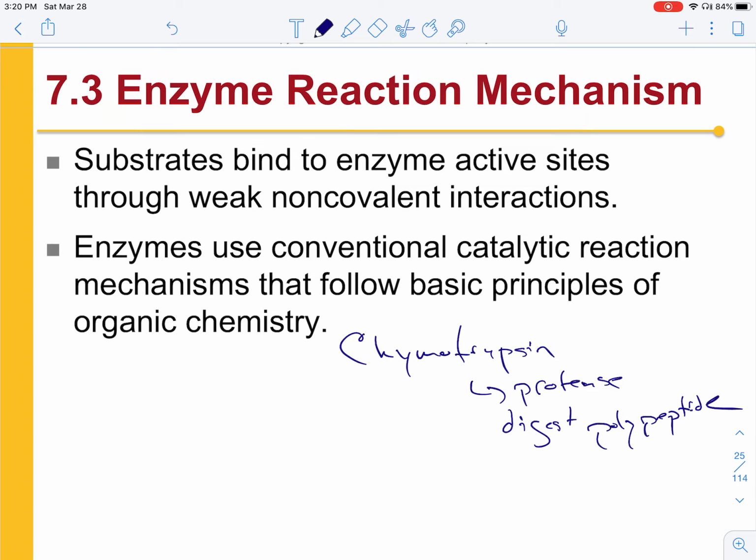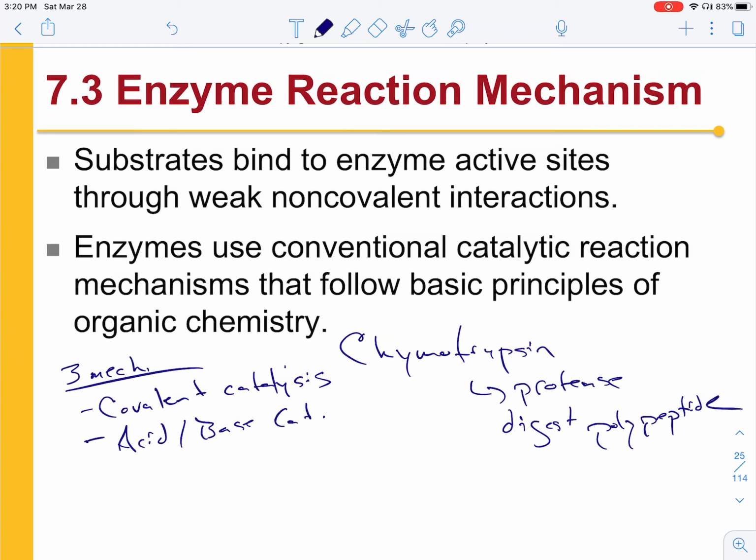And remember the ways in which enzymes work. Enzymes speed up a reaction while not affecting the delta G of the reaction, the Keq of the reaction. And they work via three mechanisms, at least in biological systems: either temporary covalent catalysis, acid-base catalysis, or metal ion catalysis.